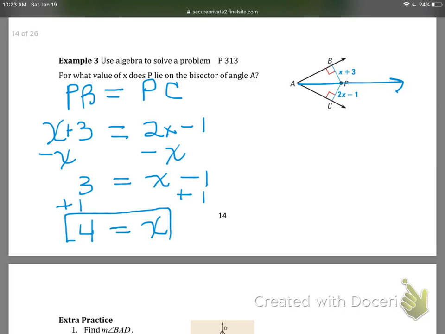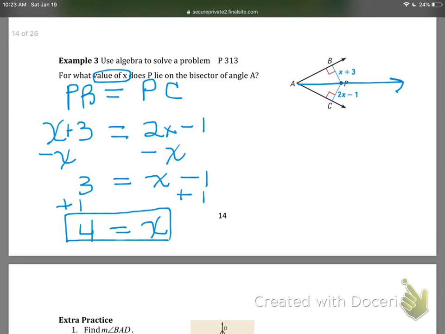That was a two-step problem. Now, does that answer our question? And it does. They're asking me for the value of x that makes those two segments equal, and that value is 4. Now, what if we wanted to check our work to make sure that plugging a 4 in does make those two segments equal? That would be a good idea.